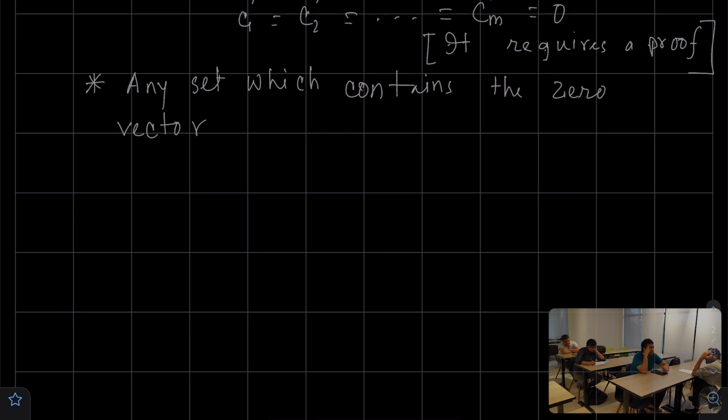Why is that? So what is the definition of linear dependence and independence? To make any non-zero vector 0, we need C1 to Cn and all of them have to be 0.